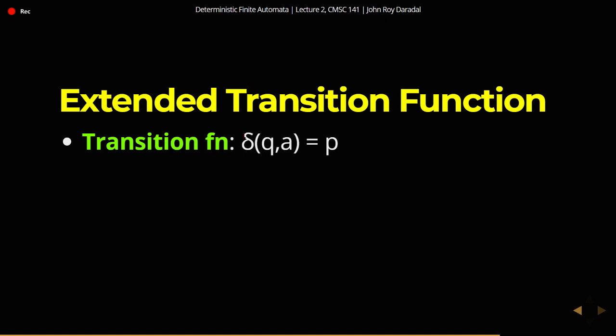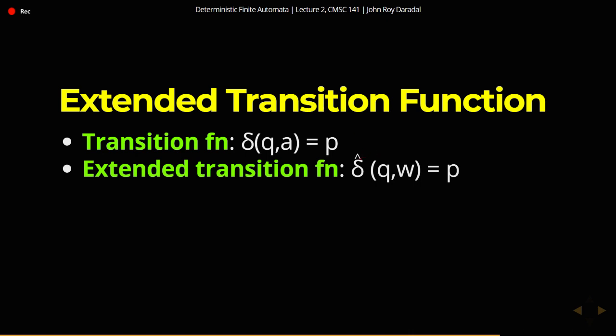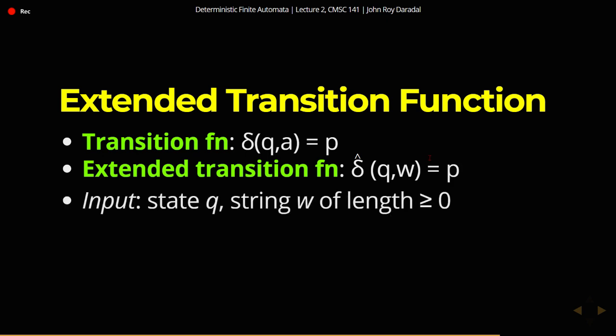And recall that the normal transition function delta only maps a state Q and an input symbol A to another state P. Now the extended transition function, which is called delta hat, so there is the extra hat here, maps your state Q and a string W to a state P. The only difference is that the transition function takes in an input symbol, but the extended transition function takes a string W. And this string could be of length greater than or equal to 0, so it could also be empty, right? And your output is still state P.